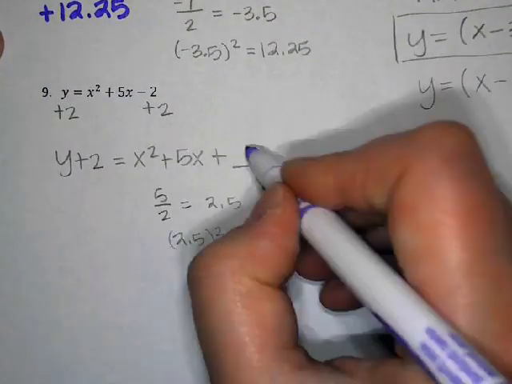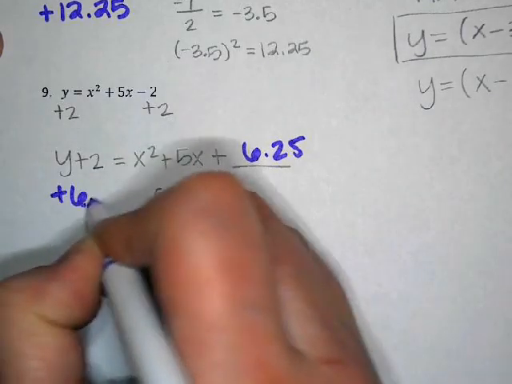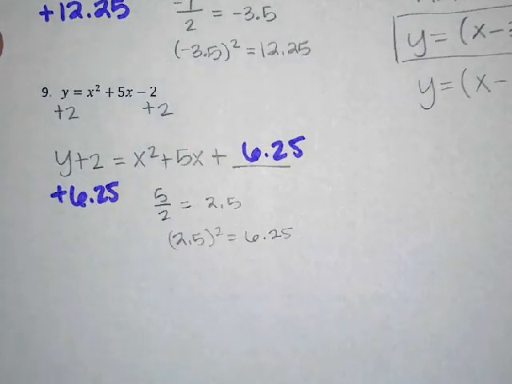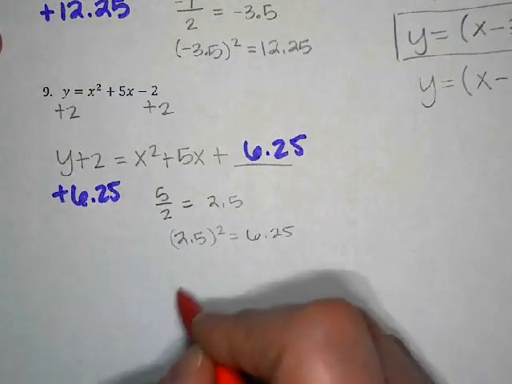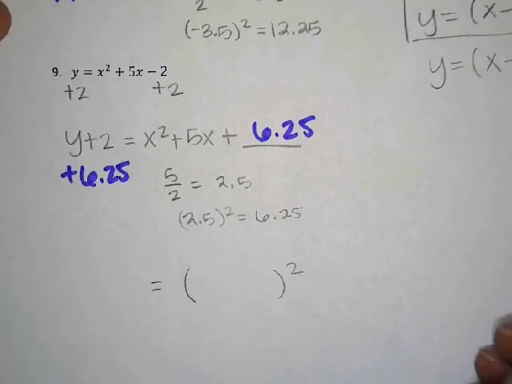Okay, so I've got my parentheses squared. What goes in my parentheses? x plus 2.5. And what's going to go over here?